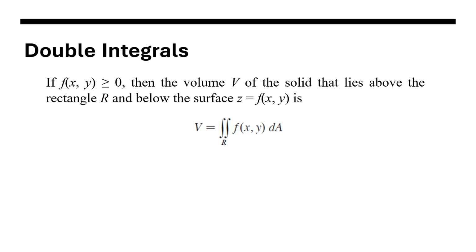If the function happens to be a positive function, then the double Riemann sum represents the sum of the volumes of the columns, and is an approximation to the volume under the graph of f and above the rectangle R.